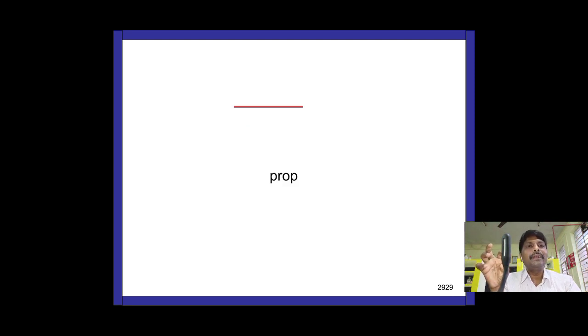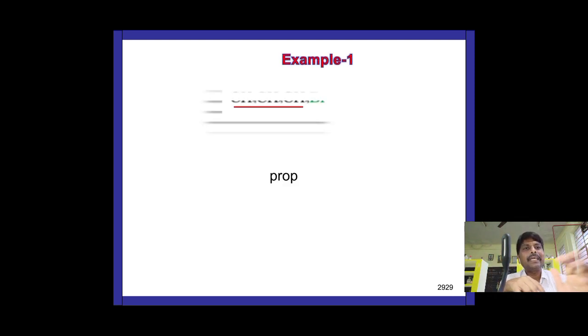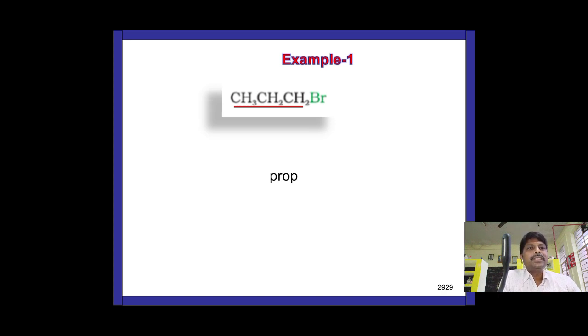For example, here one compound is given, example 1: CH3, CH2, CH2, Br. Students, how many carbons are there here? Yes, 1, 2, 3. Three carbons are there. So what is the root word? Prop. Very good. What is the halogen atom here?